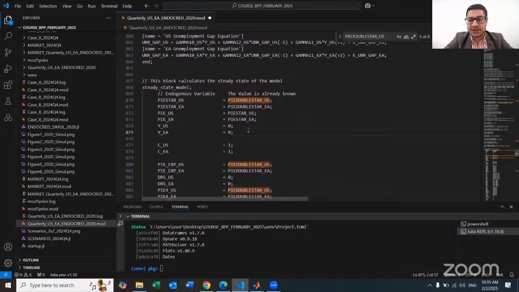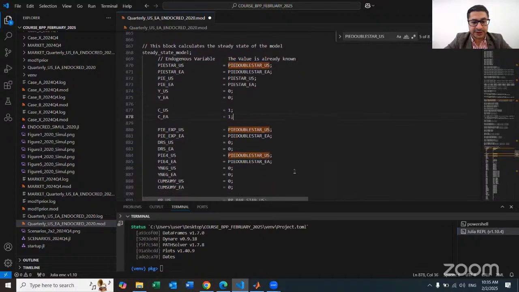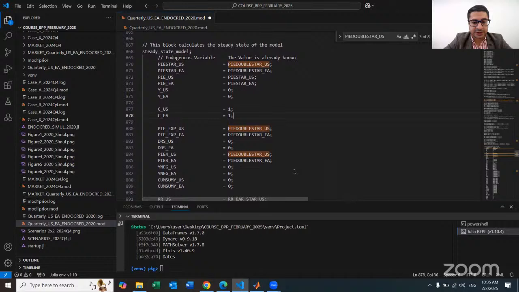What is also specific in the steady state is that all the gaps are closed. So the output gaps are zero, and in steady state, we assume perfect credibility for both the US Fed and ECB.